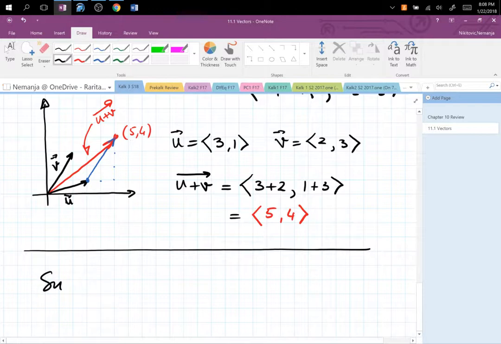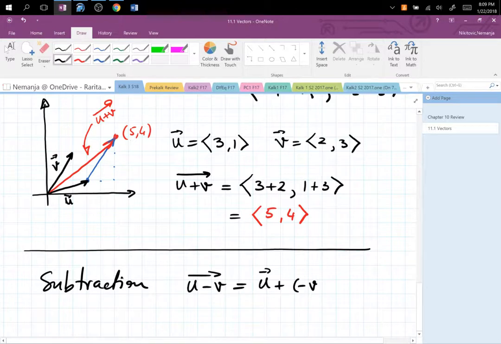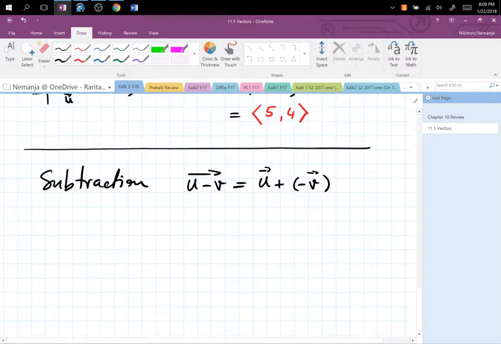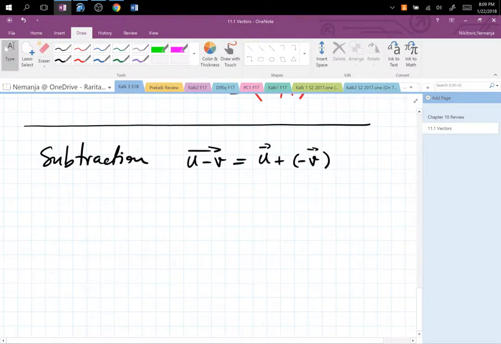So subtraction of u minus v is going to be vector u plus negative v. Graphical representation first, obviously.